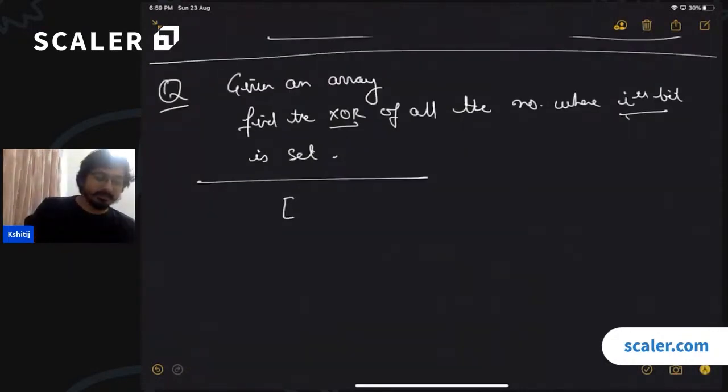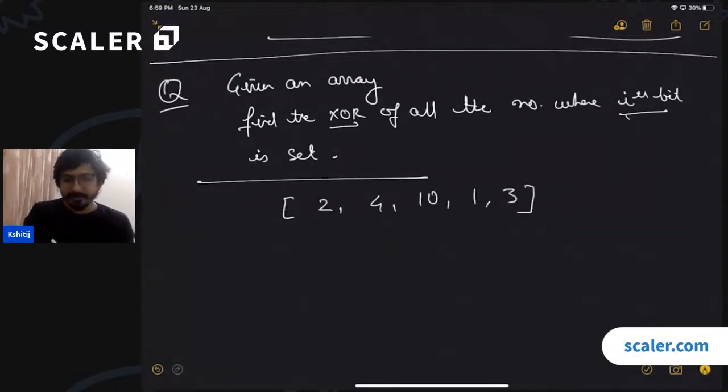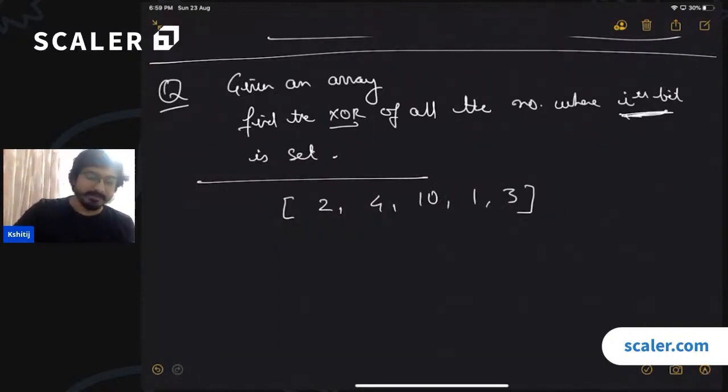You are given an unsorted array of positive integers. You have to find the collective XOR of all the numbers where the ith bit is set.